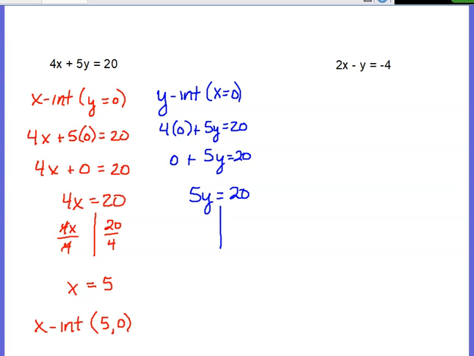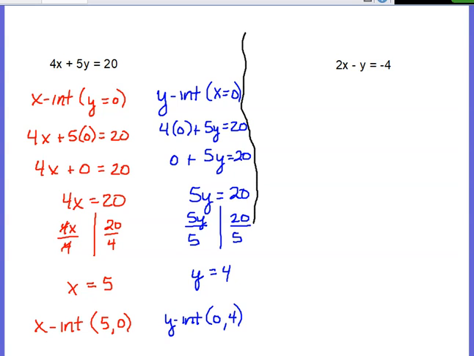We divide both sides by 5. What you do to one side, you got to do the other. So y is equal to 4. So my y-intercept, x is always 0. So we have (0, 4). Okay, I'm going to draw a line down through here to separate these.